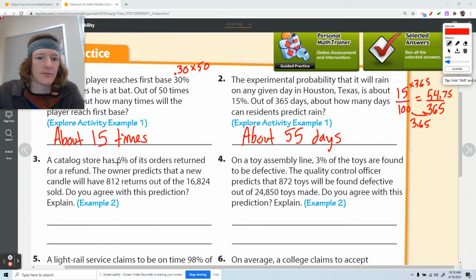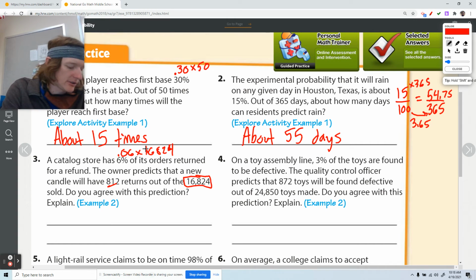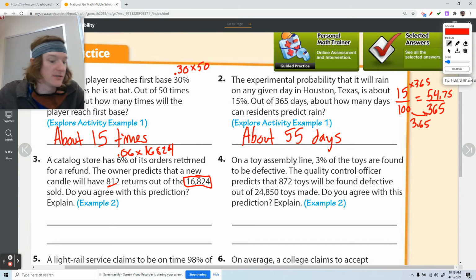Number 3, a catalog store has 6%, 0.06, of its orders returned for a refund. The owner predicts that a new candle will have 812 returns out of the 16,824. But let's check it out actually. 0.06 times 16,824, we get 1,009.